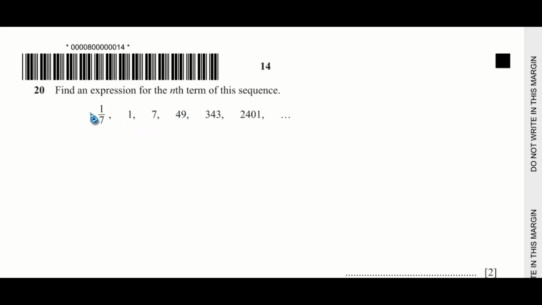But for this one to be 1 over 7, you must have divided by 49. If you have 7 divided by 49, this will give us 1 over 7, which is correct.